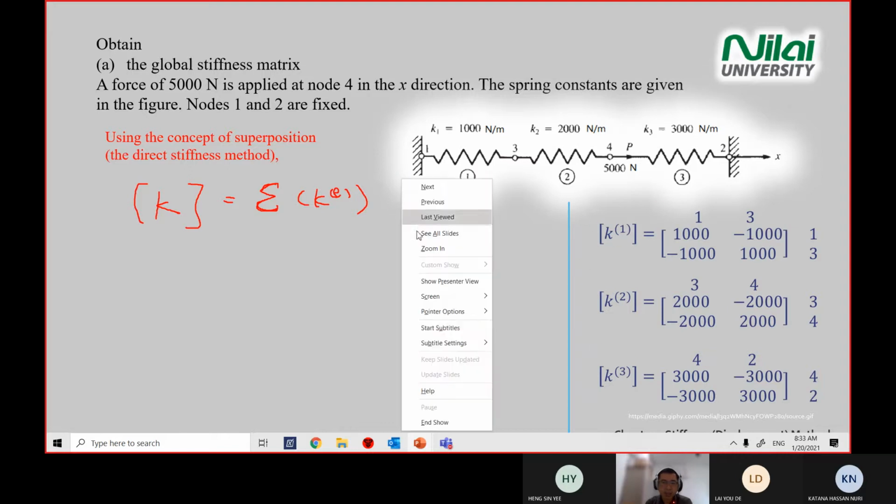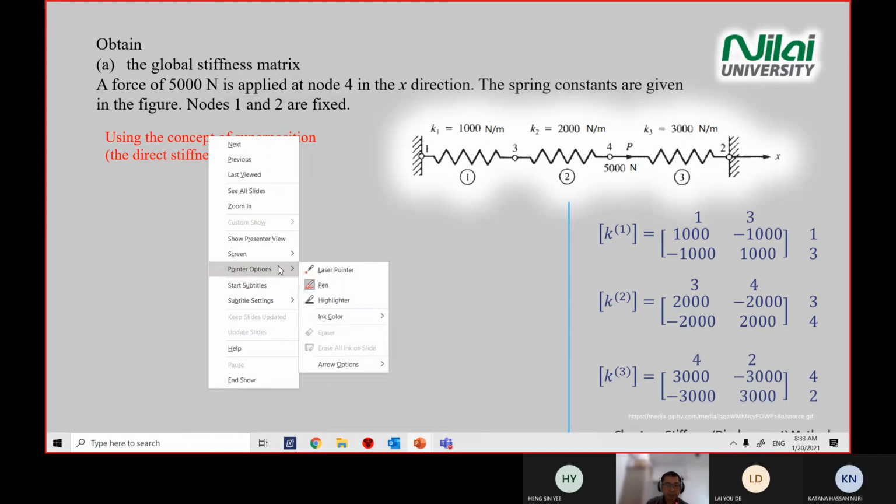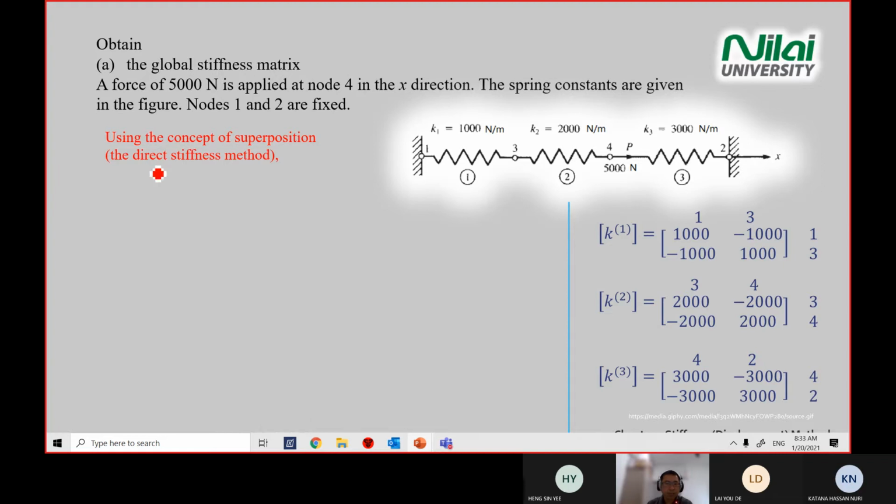So what you do is you use all the numbering that you put beside the matrix here, and you combine them in one matrix.